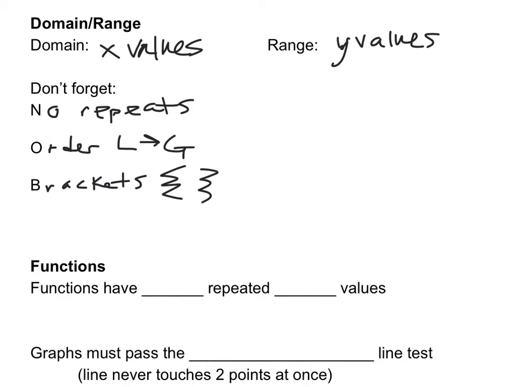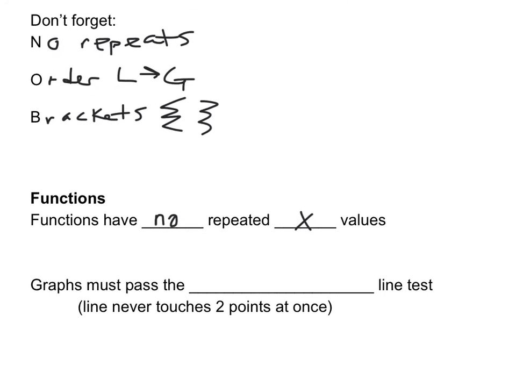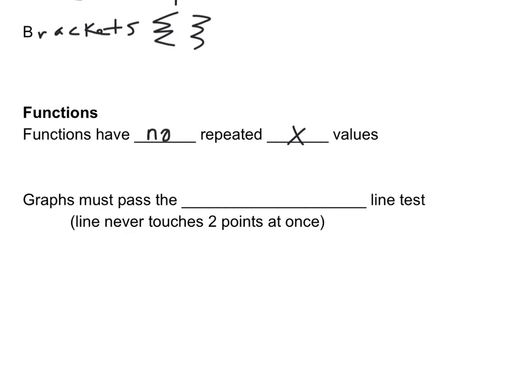No repeats, order least to greatest, and brackets. Functions have no repeated x values. So x does not repeat. Y can repeat all at once, but x cannot. And graphs need to pass the vertical line test.